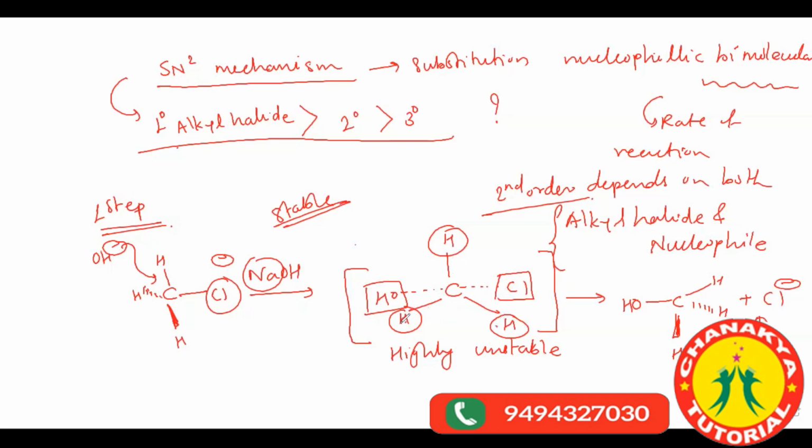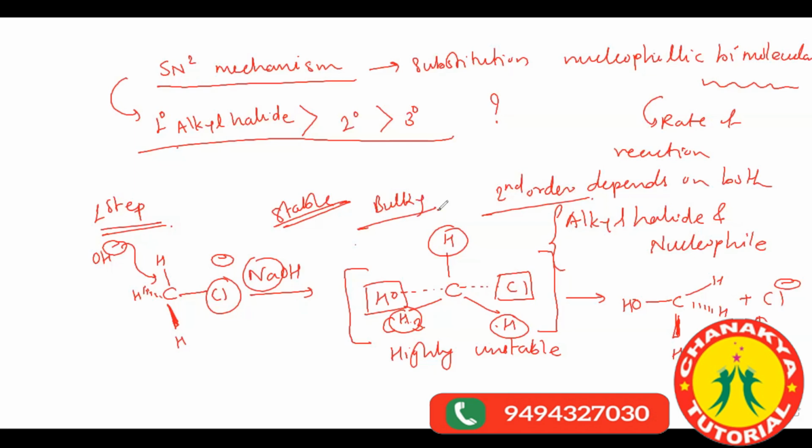As the alkyl group increases, suppose instead of a hydrogen there is one CH3 group, what happened? Your 3 hydrogens and 1 carbon are increased from the previous structure, and there would be steric hindrance in the transition state. It becomes more bulky.